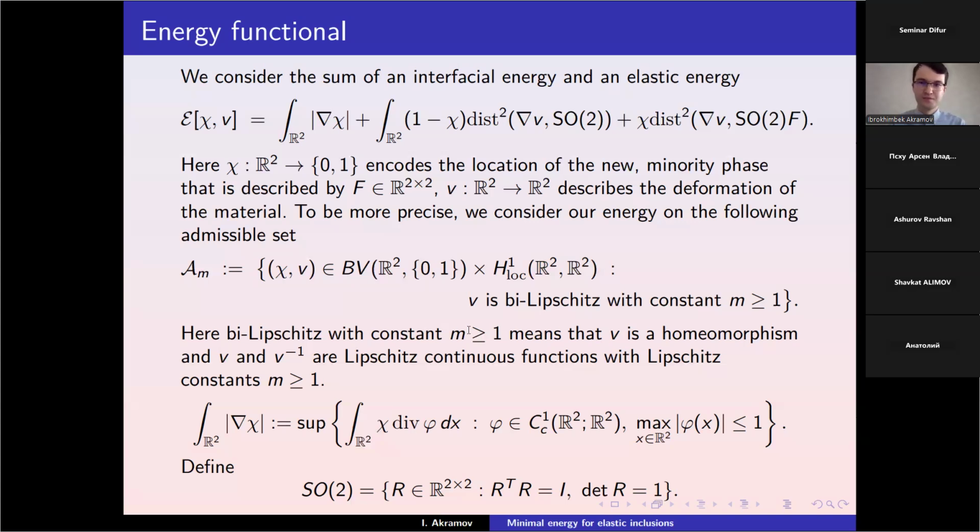I think, if both functions, V and V inverse, are Lipschitz with the same constant, then it cannot be less than 1.